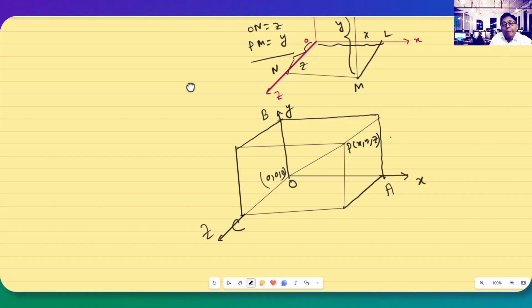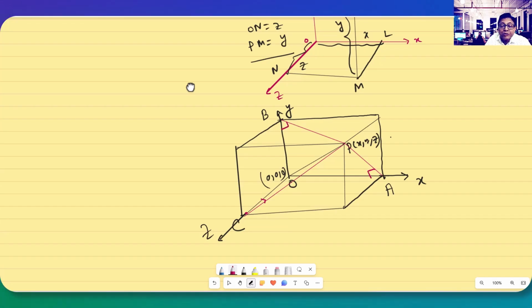If we draw perpendicular from P on the x-axis, it will meet the cuboid at A. On y-axis, it will meet the cuboid at B, and the z-axis, it will meet at the point C. So this angle is 90 degree.